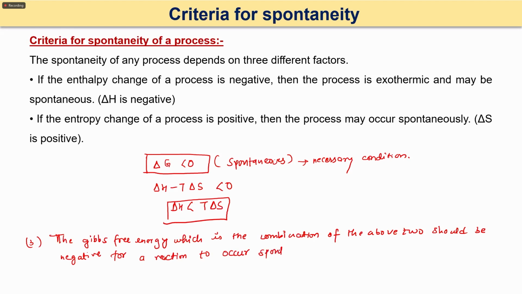That is, your delta G should be less than 0. That means your delta H minus T delta S should be less than 0.